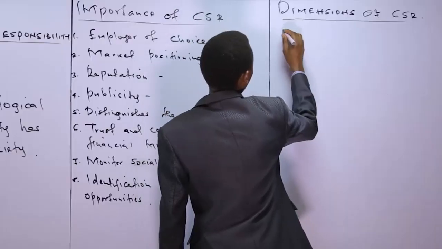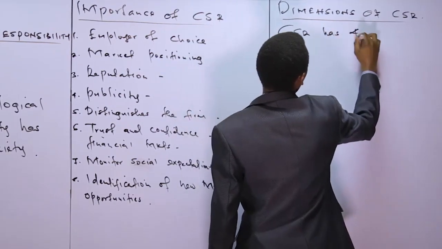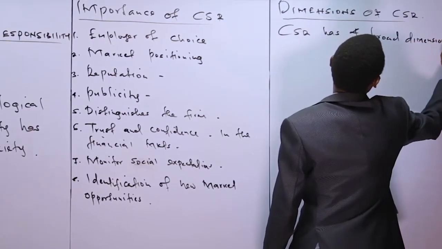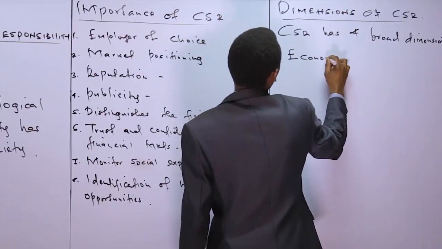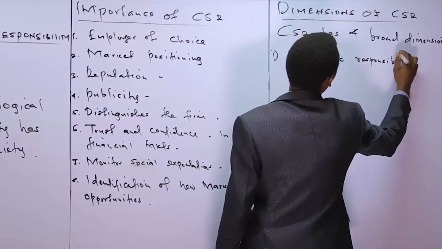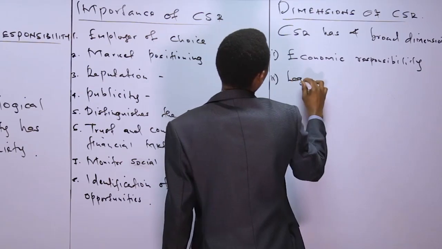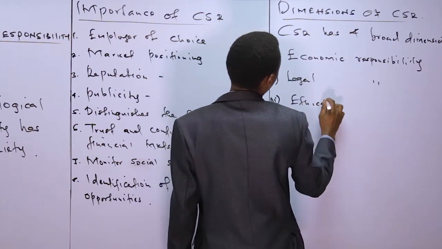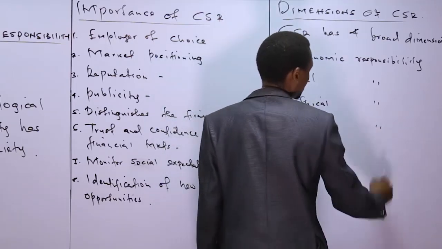CSR has 4 broad dimensions, which include 1, economic responsibility, legal responsibility, ethical responsibility, and what is plainly referred to as social responsibility.